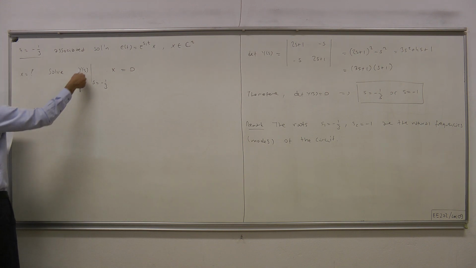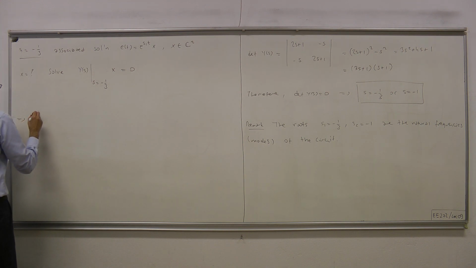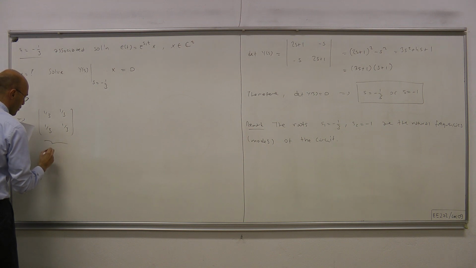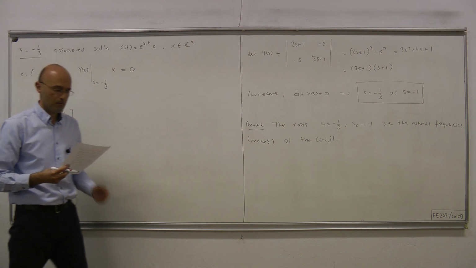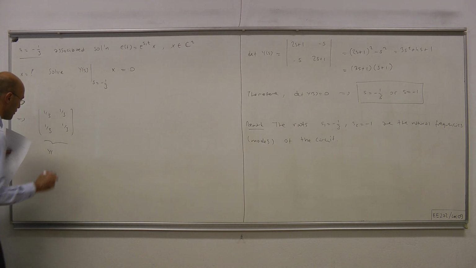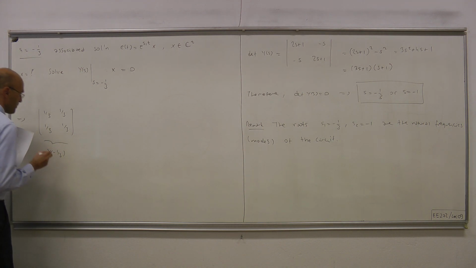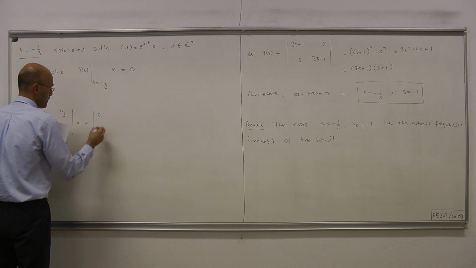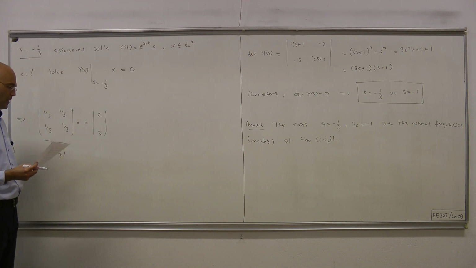So, when s equals minus 1/3, you have 1/3, minus 1/3, minus 1/3, 1/3 for y of s, times x equals 0.